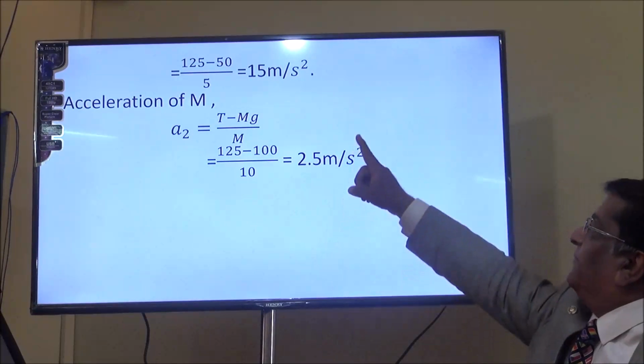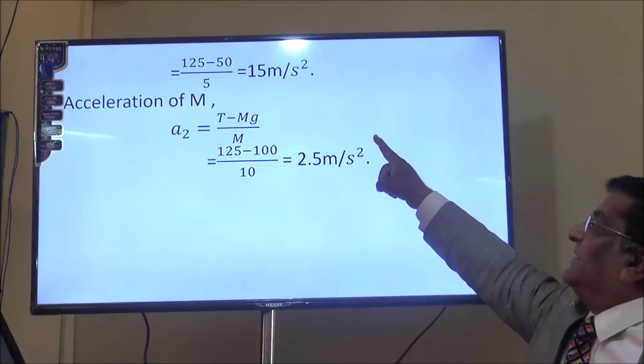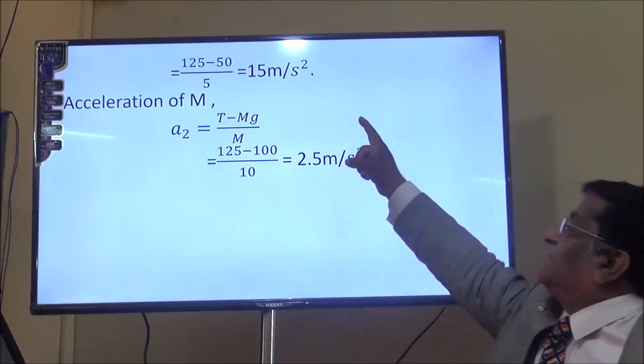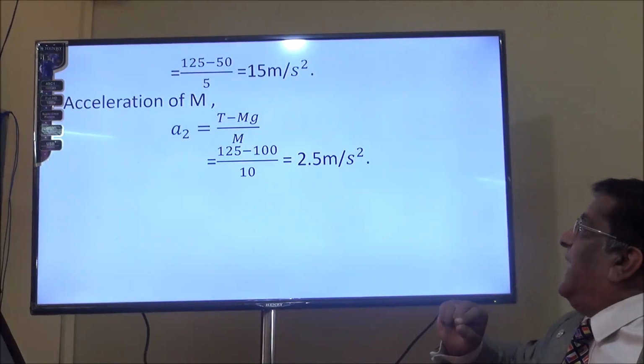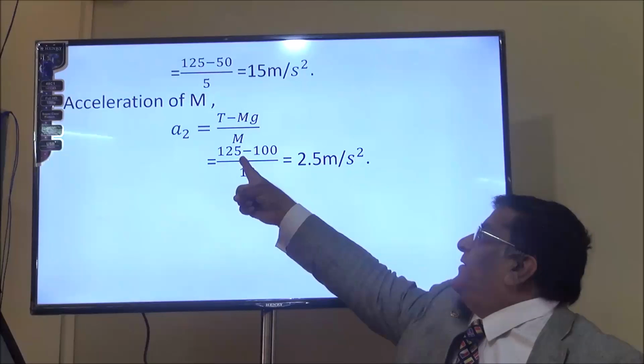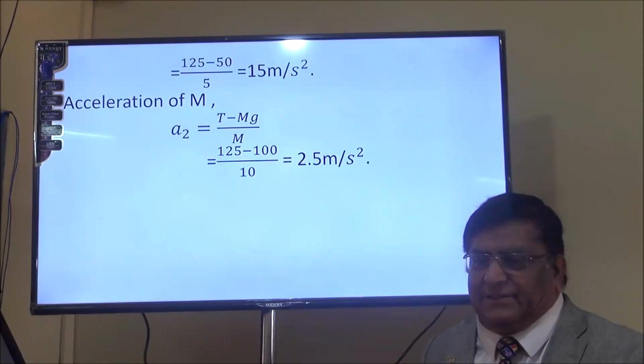That is 125 minus 50 upon 5, 15 meter per second is the acceleration of the lighter, which has got mass equal to 5. And the one which has got mass equal to 10, this is the tension 125 minus 100 upon 10. Could you get it?